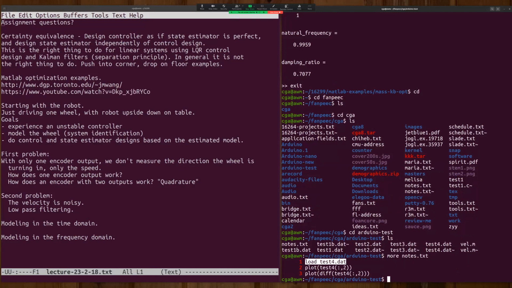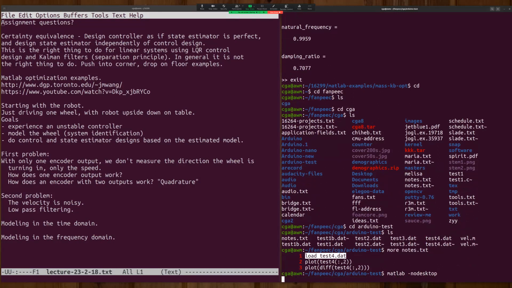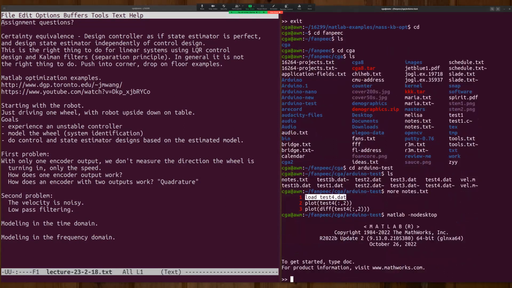I will show you how to collect data from the robot. Having collected data, it's useful to do things like make models in MATLAB.